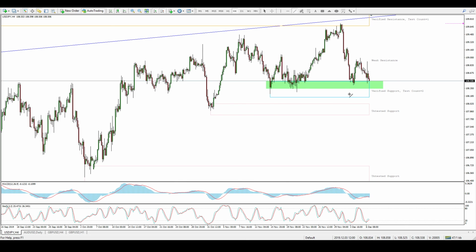My stop loss would be somewhere here. My target would be here. That would give me 110 pips of profit, 40 pips of risk, 2 to 1.